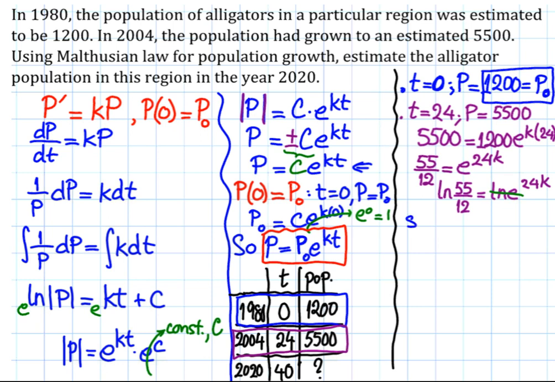So we will have k equal to ln of 55 over 12 divided by 24. Just going to leave it like that for now.